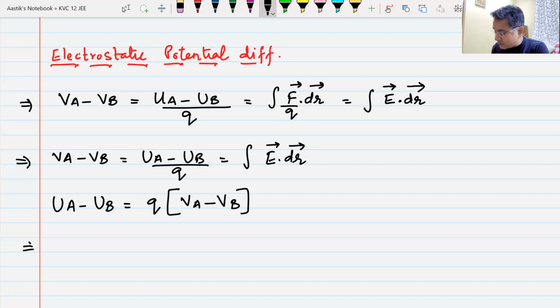Remember, what type of quantity is this? This is a scalar quantity. You can see a dot product over here, so it is a scalar quantity. What is the SI unit of this? What is the SI unit?